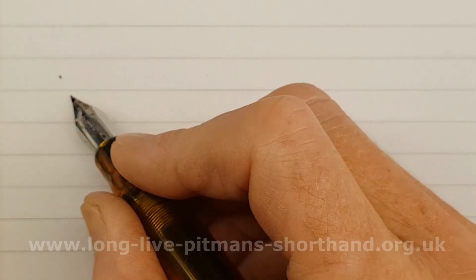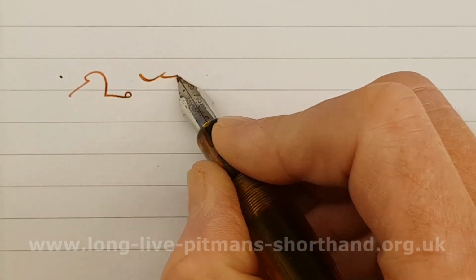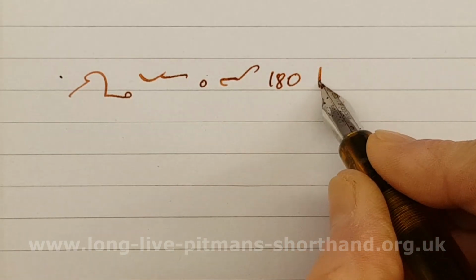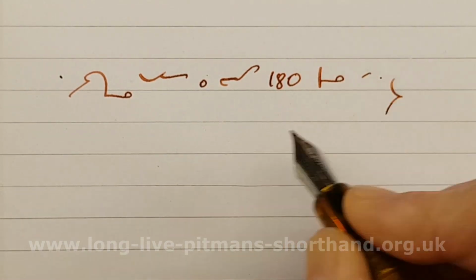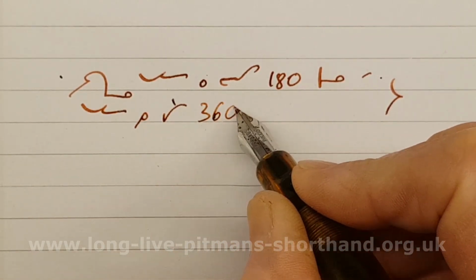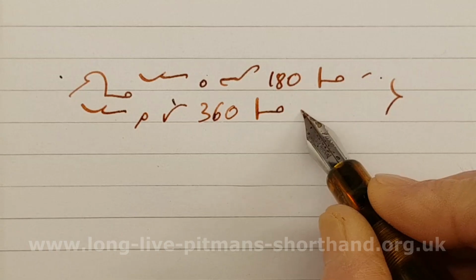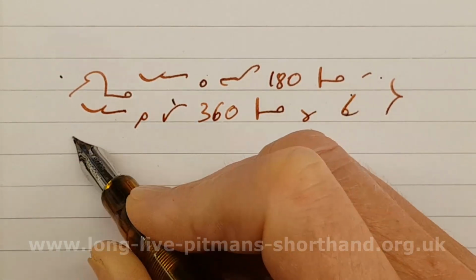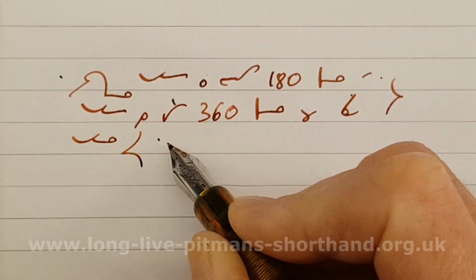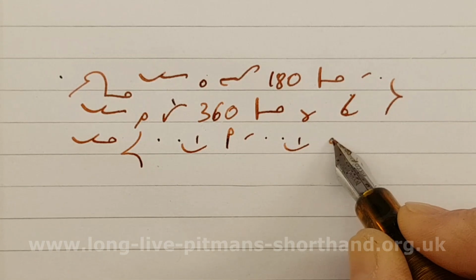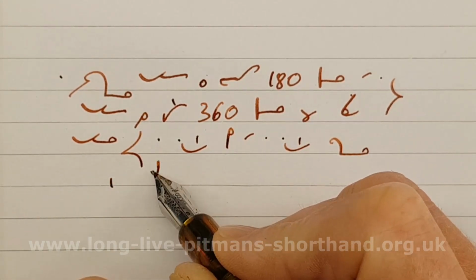A reflex angle is greater than 180 degrees, and a full angle is the whole 360 degrees. Adjacent angles share a common side and a common vertex, but do not overlap.